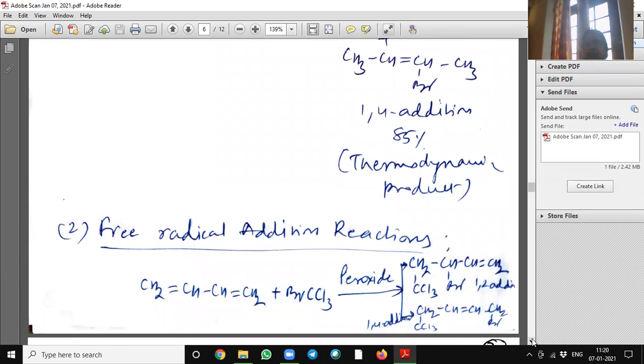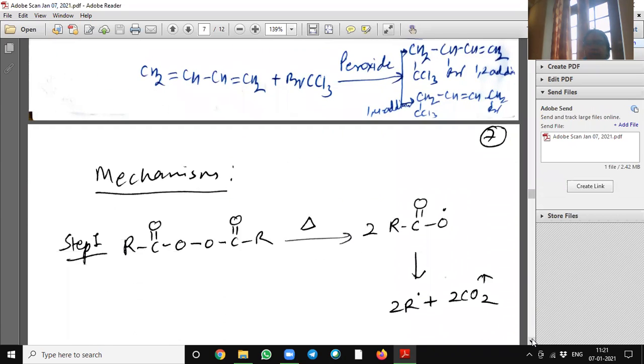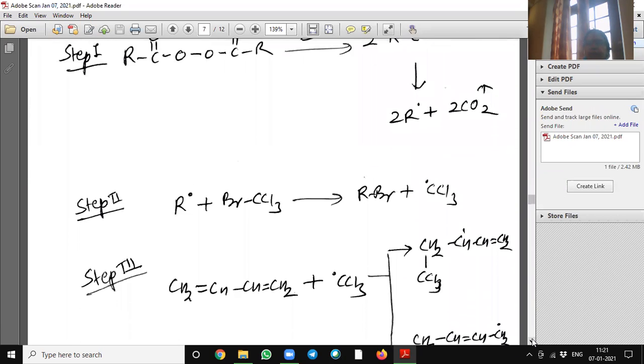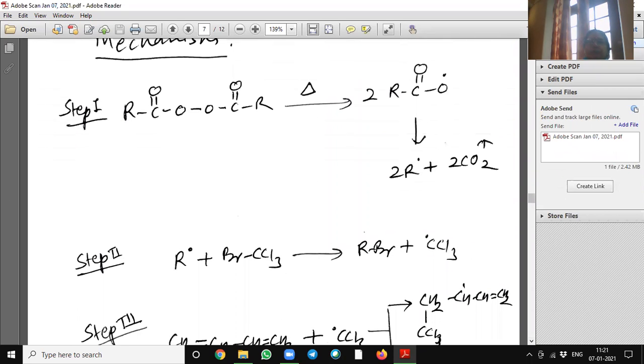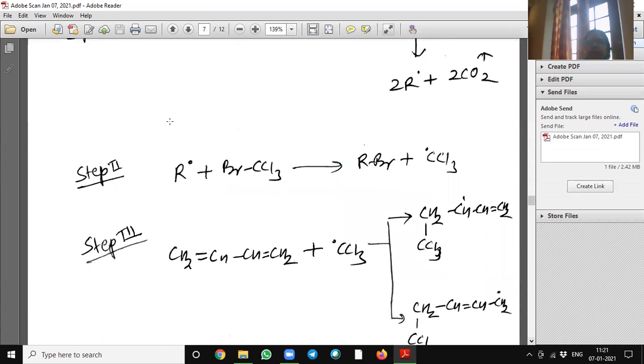Free radical addition reaction. When bromotrichloromethane is reacted in presence of peroxide, it will again give 1,2 and 1,4 addition products. Mechanism: first, the peroxide will convert into alkyl free radical and carbon dioxide, and this alkyl free radical will react with bromotrichloromethane and give trichloromethyl free radical.